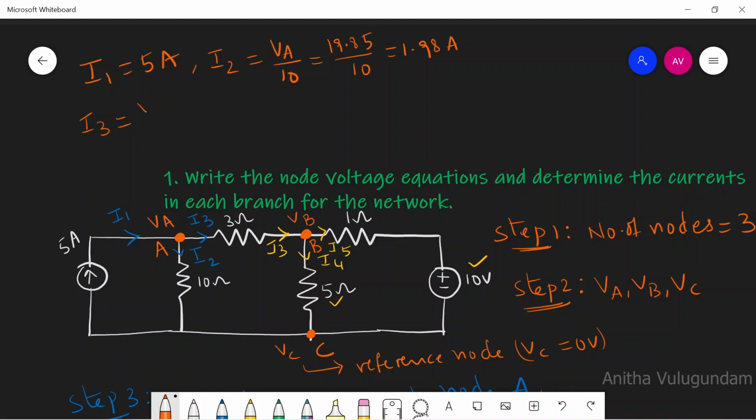I3 equal to VA minus VB divided by 3, which is equal to, if you substitute the values of VA and VB, 19.85 minus 10.8 divided by 3, you'll get 3.01 amps.